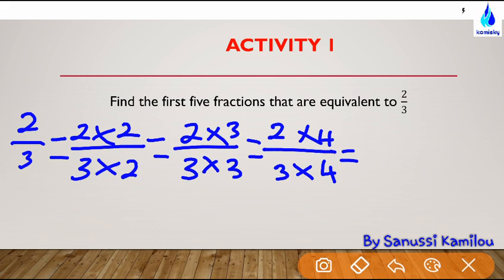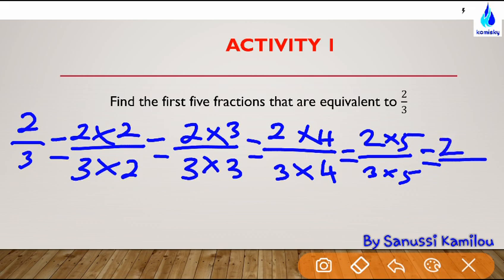Now, the next one will be 5. 2 times 5, and then 3 times 5. Whatever you do at the top, do it at the bottom. The next one will be the 5th equivalent fraction, which is 2 times 6, and then the denominator also will do the same.